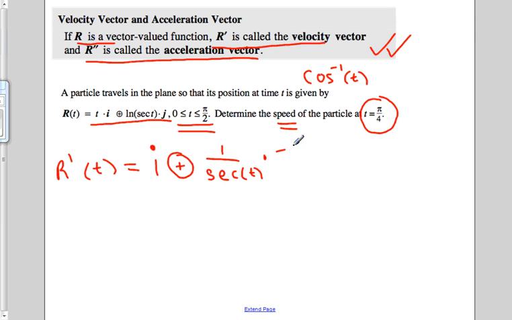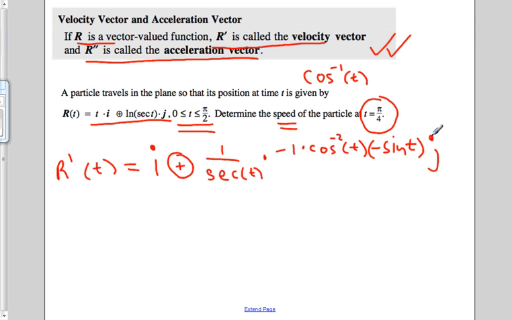So we have negative 1 times cos to the negative 2 of t times the derivative of cos, which is negative sine of t. And that's all in the j direction.